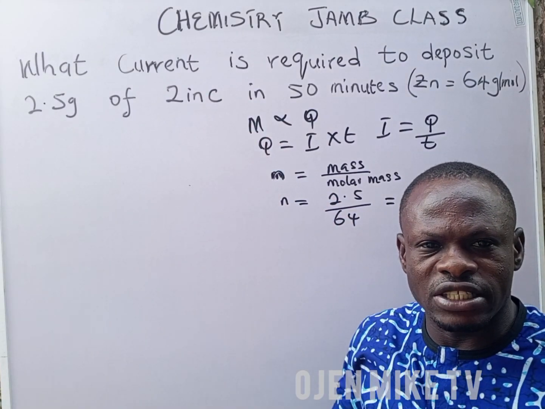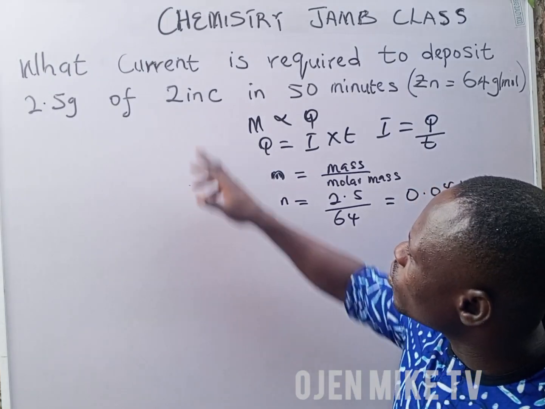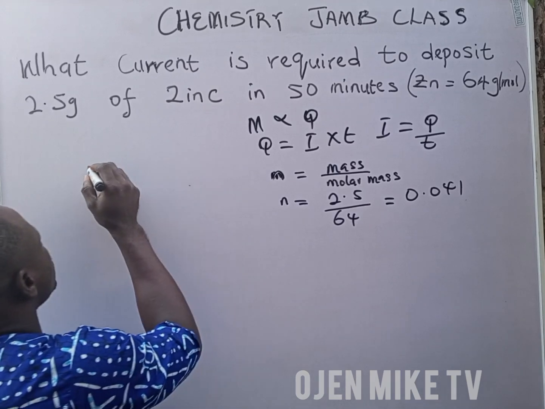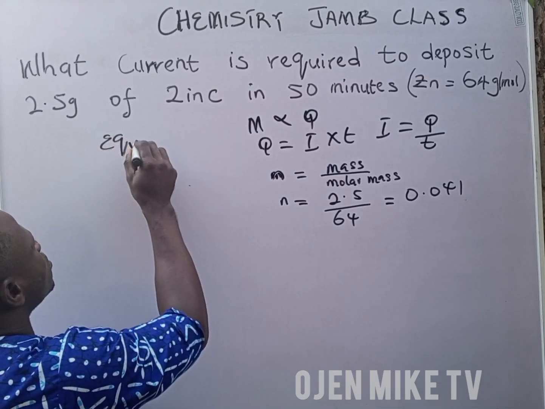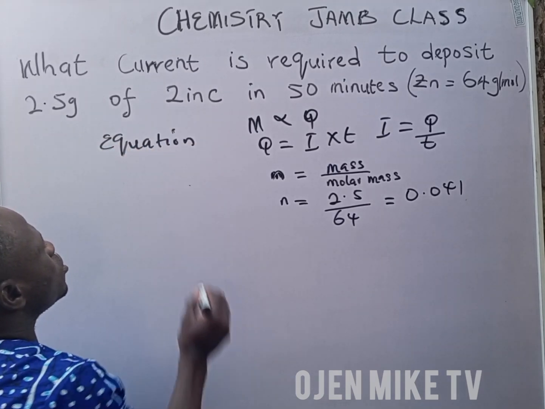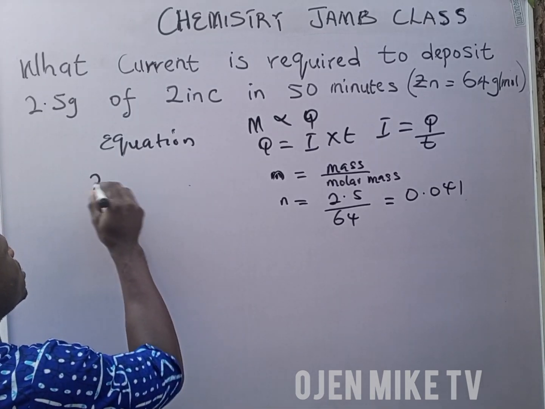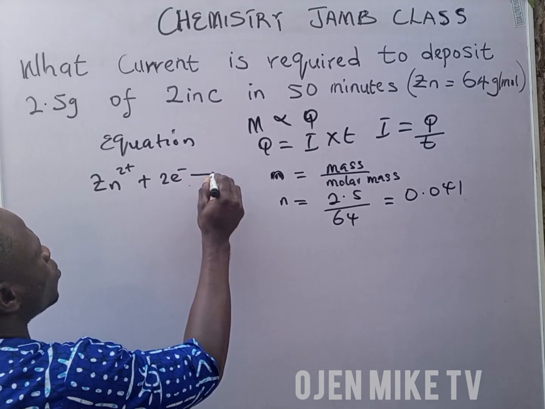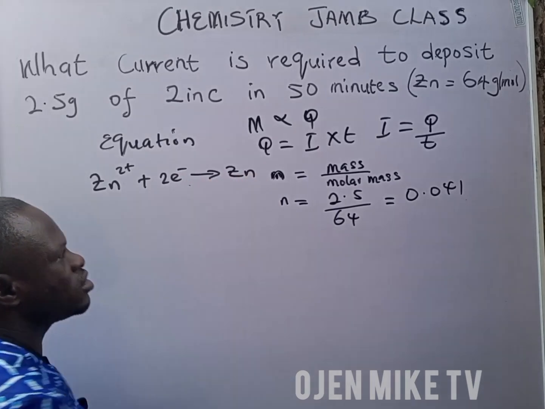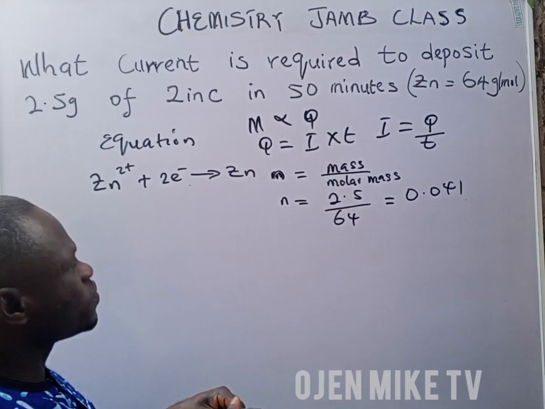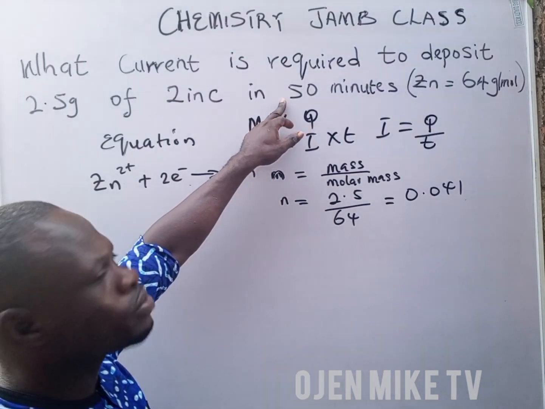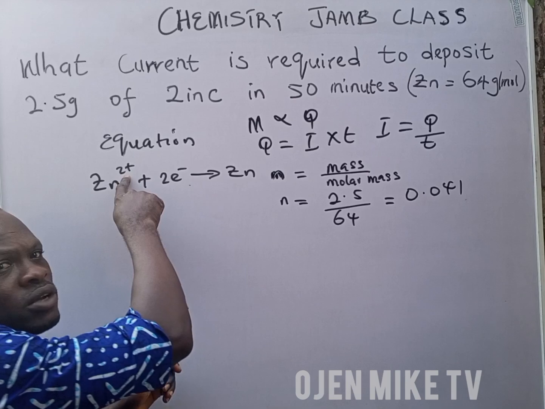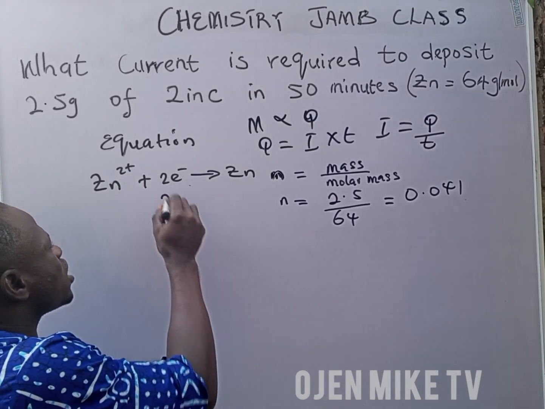If you look at the equation for zinc, it will be Zn2+ plus 2 electrons gives you Zn. This is the equation of zinc in this particular question. You discover that this 2 that you are seeing here is as a result of the charge of this.